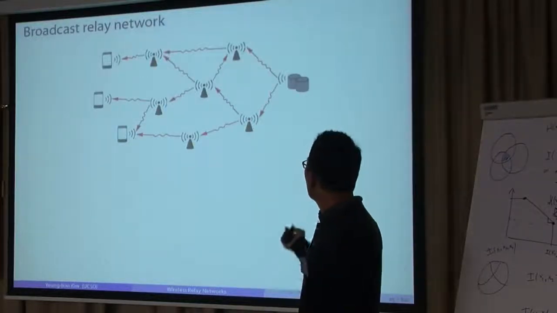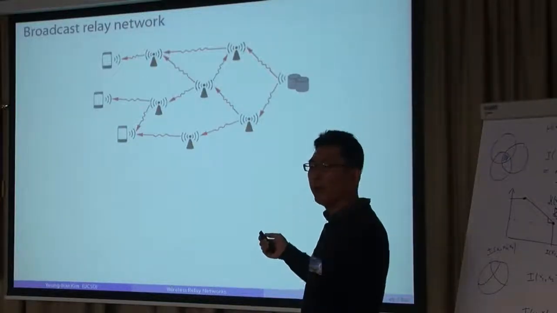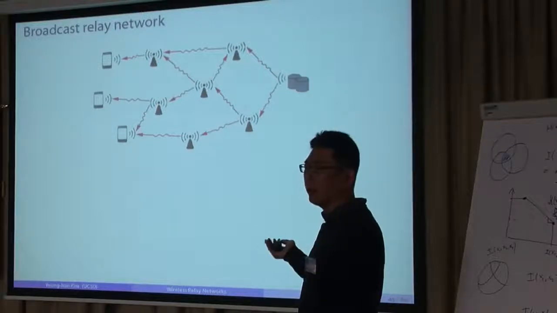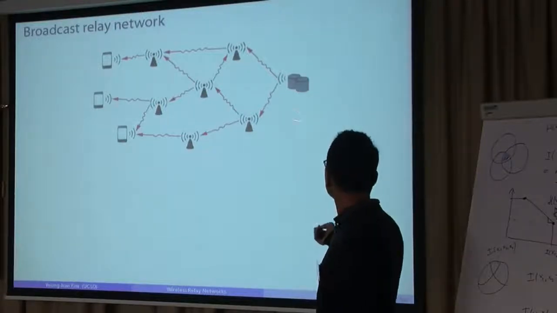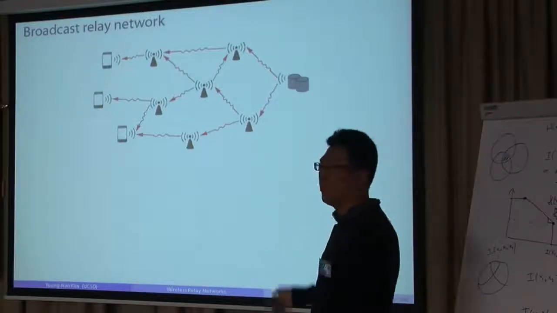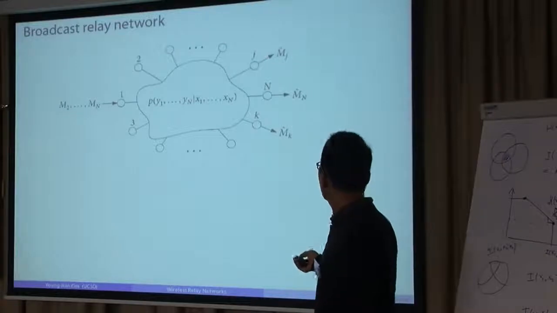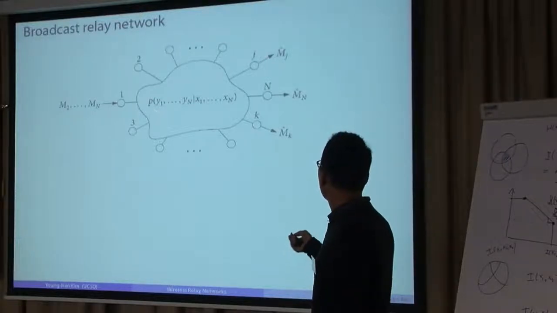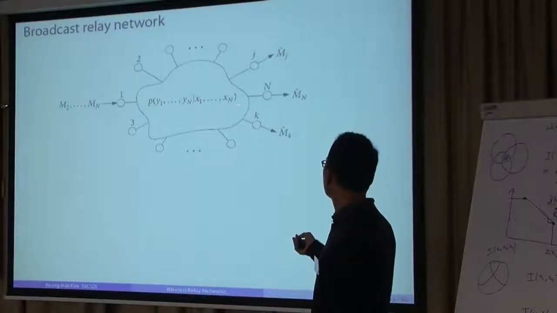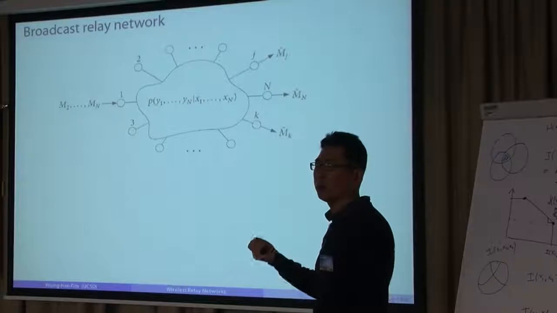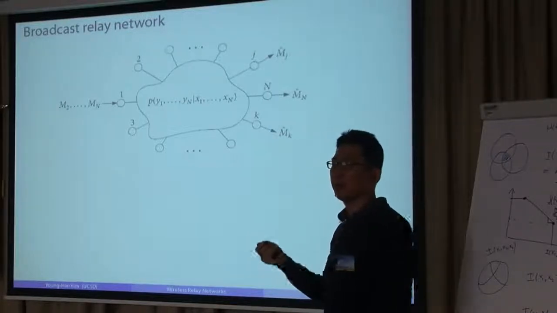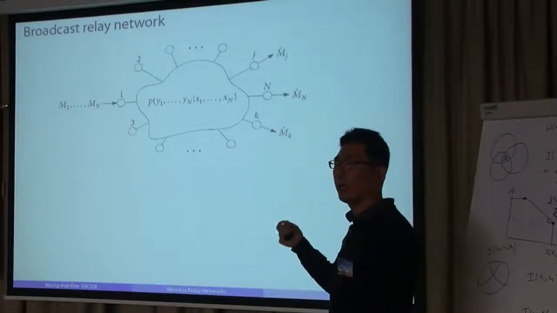So now let's go back to the dual problem of the broadcast relay network. Here there is a single server who would like to control a bunch of relays to talk to many different receivers. And as before, we model it by a general network with outputs y1 up to yn, with inputs x1 up to xn, and each node j has control of input xj and output yj.